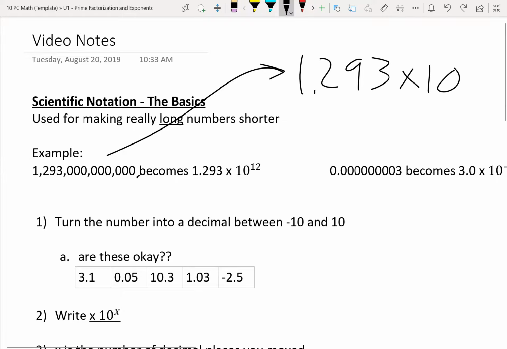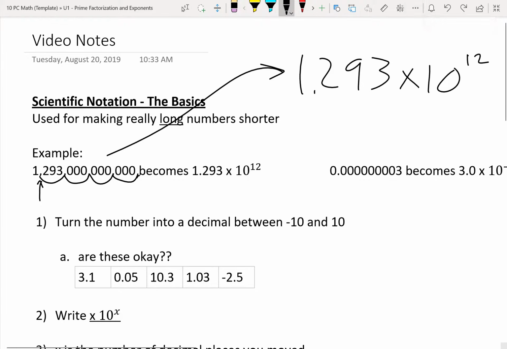So it originally was right there. That's where our decimal place started. And we can just count how many times over it moved to get to there. So it went 3, 6, 9, 12 spaces over. That means we're going to put a 12 here.